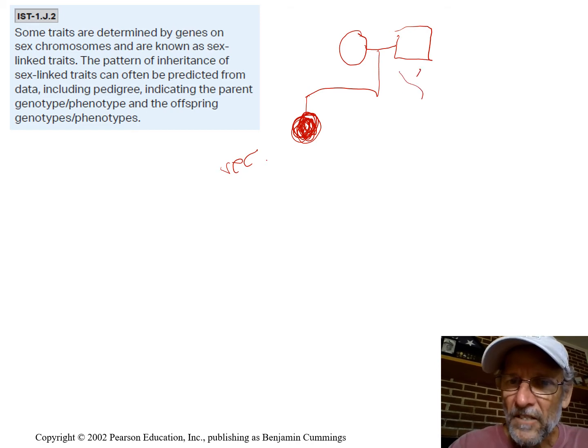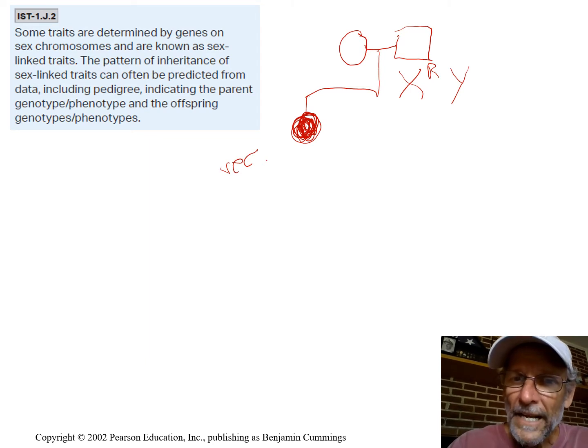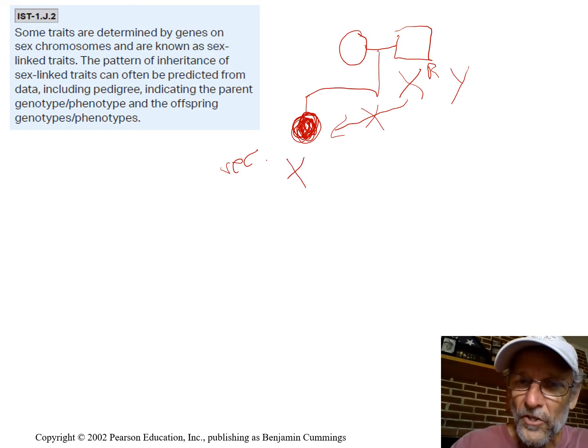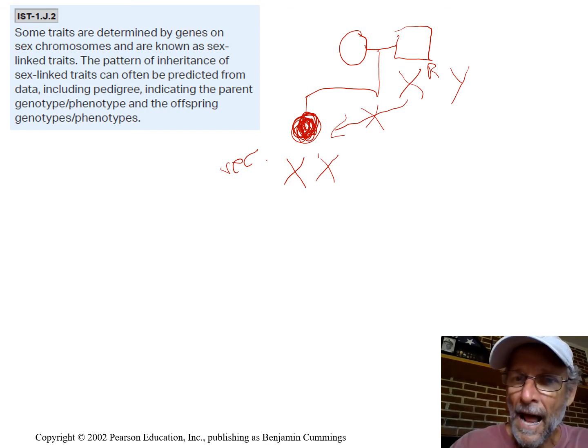If this was a sex-linked trait and dad had a dominant gene for his one and only gene for this trait, he could not have a daughter that has the recessive trait, because to be a daughter, she has to get two X chromosomes, and this couldn't happen. So this pattern would tell you it's not sex-linked.